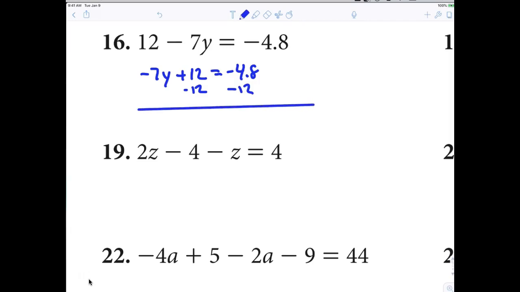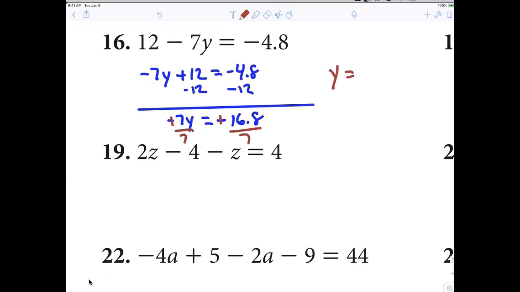Now please be careful. Negative 7y equals negative 16.8. Yes, good job. Now, do you agree you have two negatives there, right? So it'd be a positive. So we could just change that to a positive. Now I'm dividing both sides by 7.